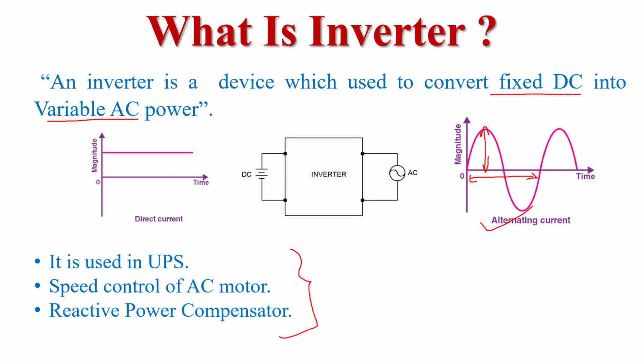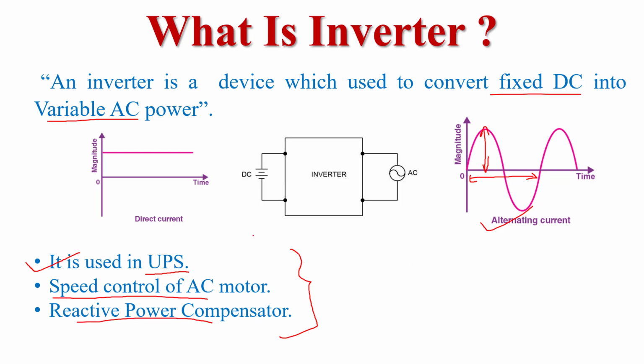Now there are number of application of inverter. These are, first is inverter are basically used in UPS system. It means it is used for uninterruptible power supply system. Second is inverter are basically used in speed control of AC motor, and third is inverter is also used in reactive power compensator.